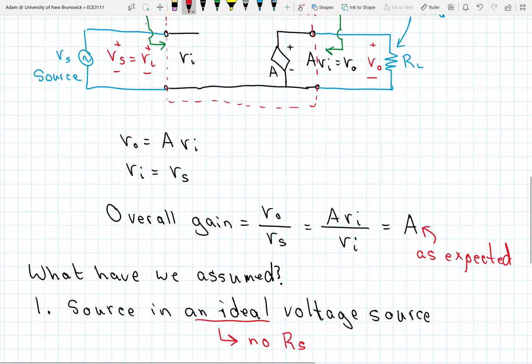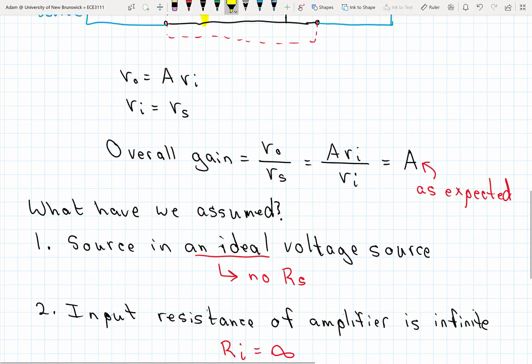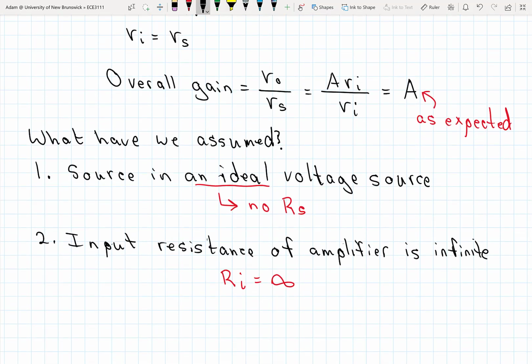Where do we see that? Well, look, when we look in here, that connection just goes to an open circuit where the resistance would be infinity. Okay, so there's no current flowing into the input as a result of that.